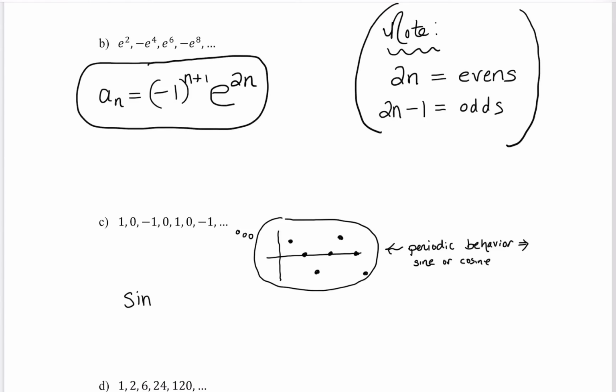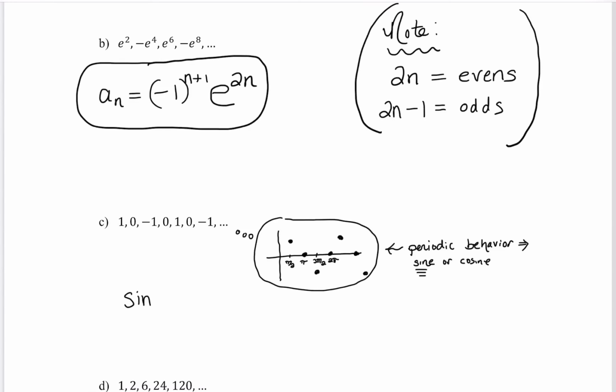So specifically here, we're going to go with sine. So if I think about this being at pi over 2, and then at pi, and this value being at 3 pi over 2, and then over here at 2 pi, I am seeing basically multiples of pi over 2.